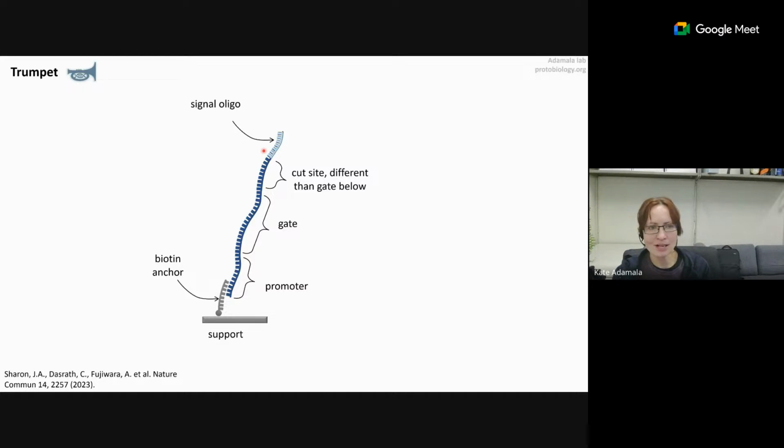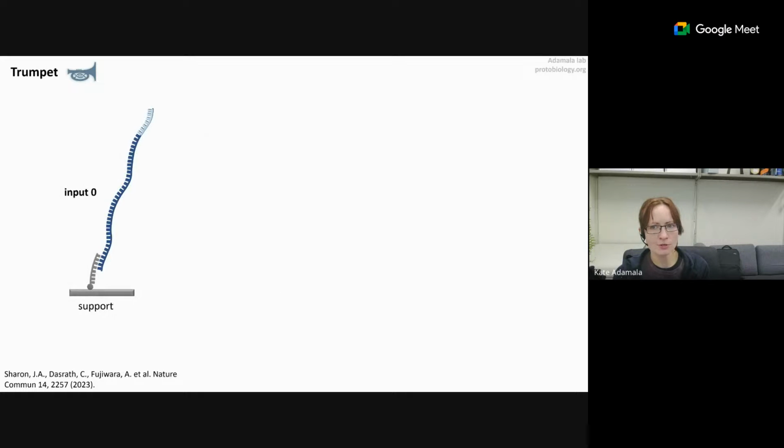So instead of producing a fluorescent signal out of that gate, the output is that signal oligo. And so now if we have 2 inputs, and then we also have this so-called release oligo, which is going to become important in a moment. But this is the general design of, again, an AND gate on solid support.